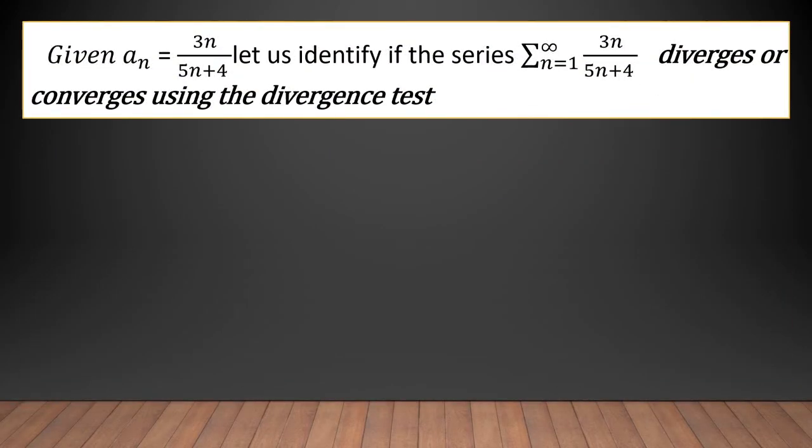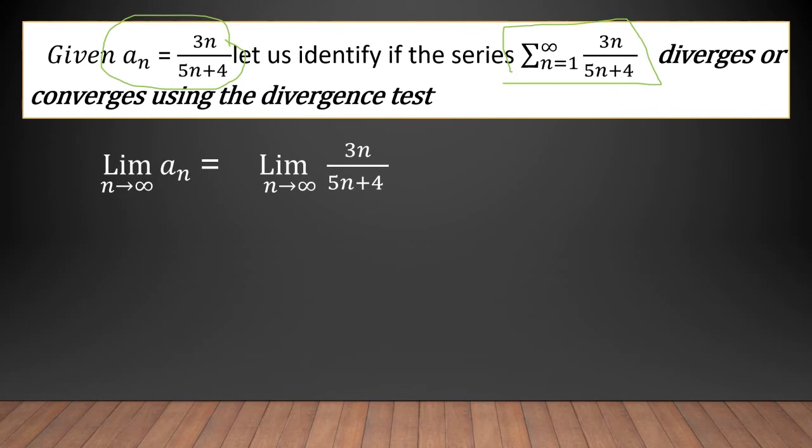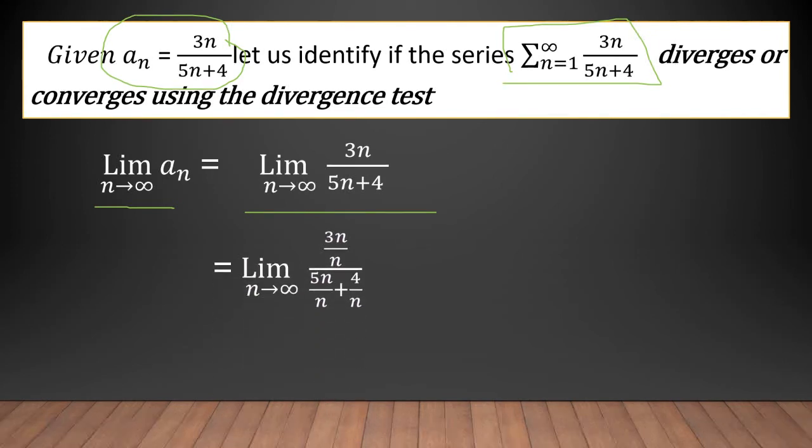Another example, let's say we have the sequence formula 3n over 5n plus 4. Let us identify if the series will diverge or converge using the divergence test. Again, we get the limit of an, which is the limit of 3n over 5n plus 4 as n approaches positive infinity. We can get the limit by multiplying 1 over n to the numerator and denominator.